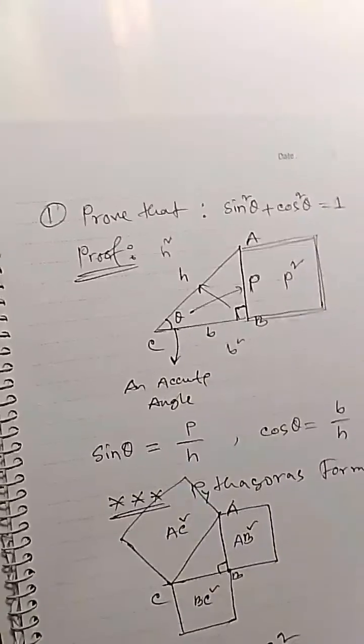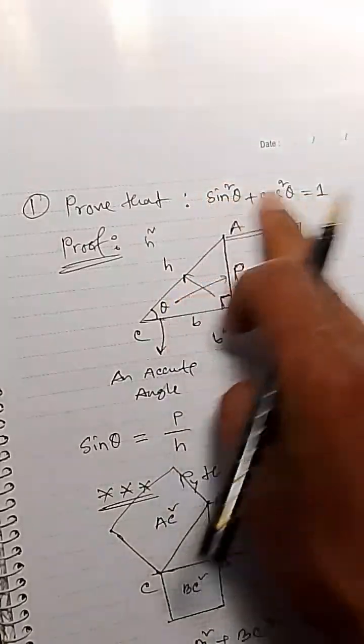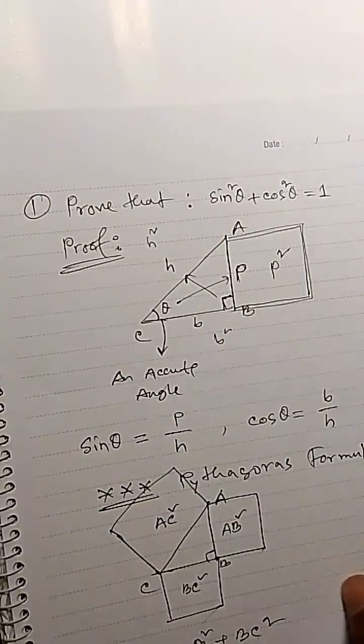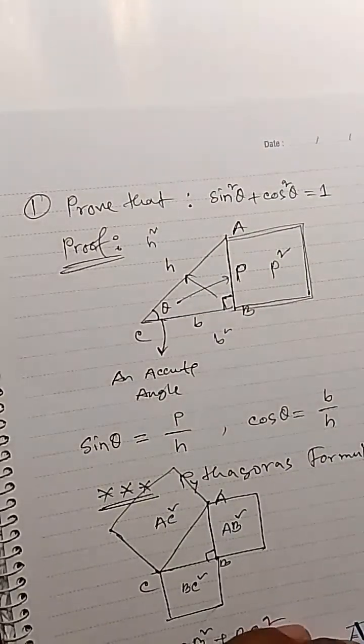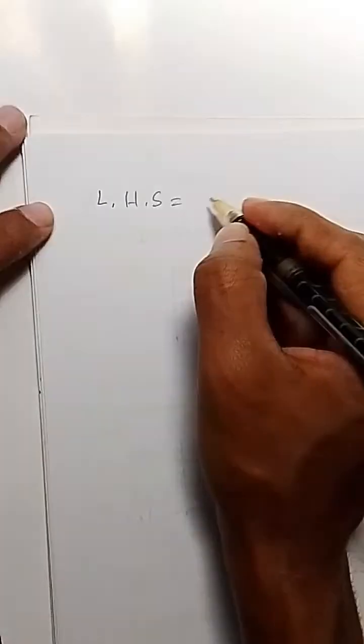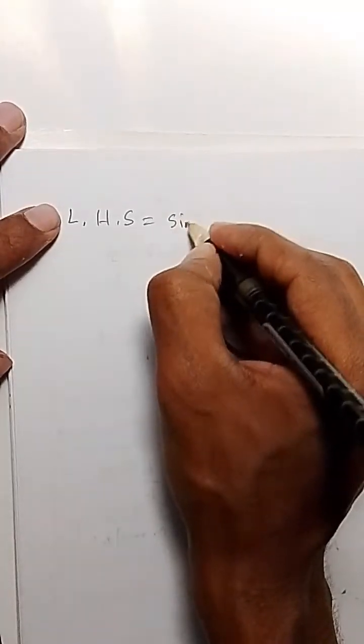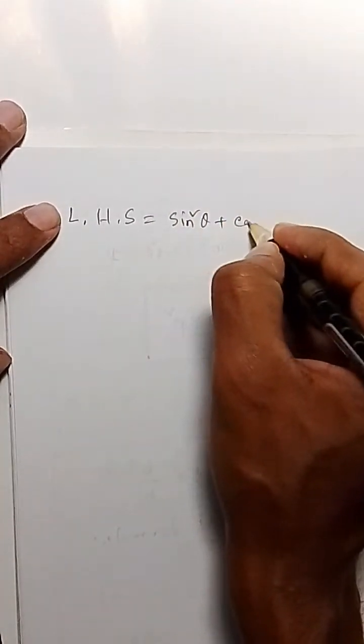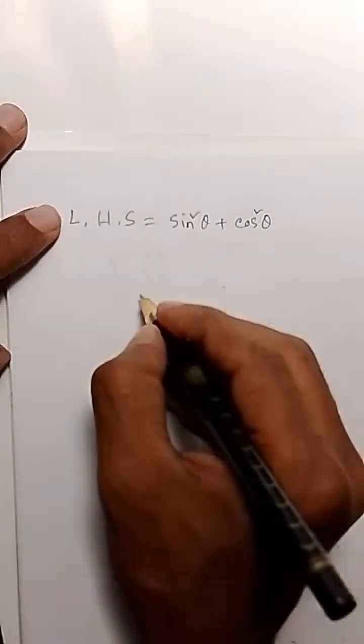Now we want to prove this: sin square theta plus cos square theta equal to 1. So our left hand side is sin square theta plus cos square theta.